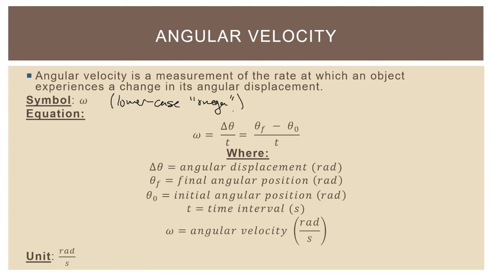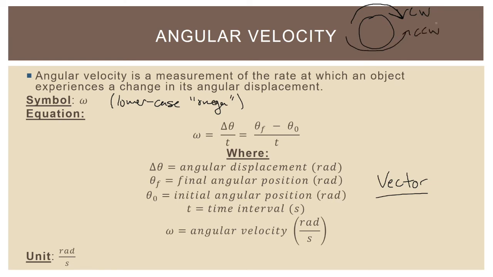Now, something else we should be clear about while we are on the subject here is that velocity is a vector. So angular velocity is a vector. Now, I want you to think about what the sign of a vector usually shows you. It shows you direction, right? So if we're talking about the angular velocity of something that is rotating, then really we're going to be talking about the direction of the rotation, whether the thing is rotating clockwise or counterclockwise.